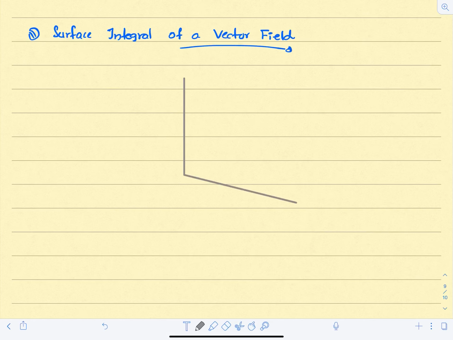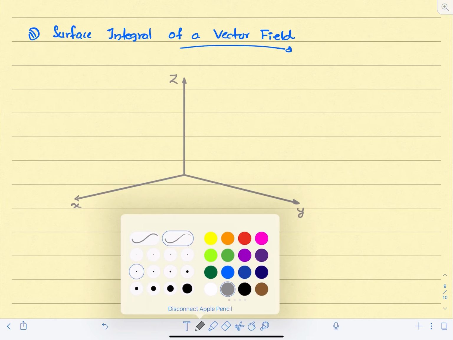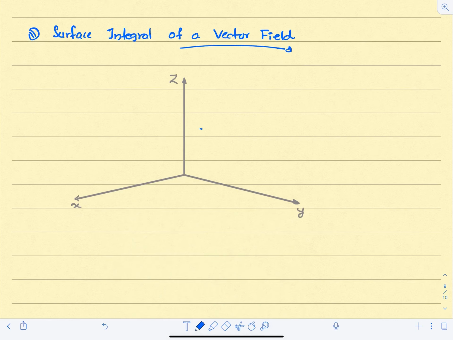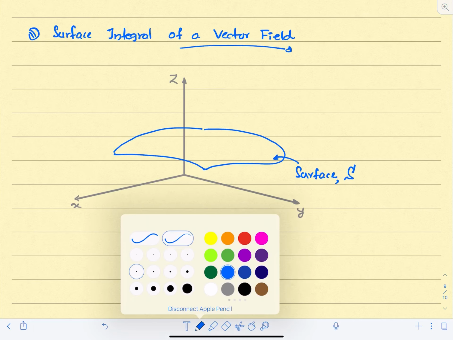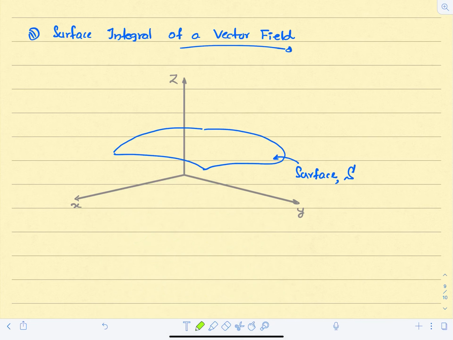So we have this xy plane, xy and z axis, and in 3D we have a surface S. This is our surface S. Now on this surface we have a vector field.